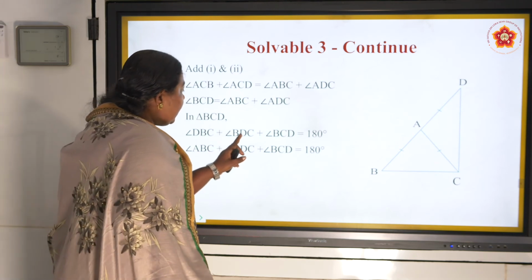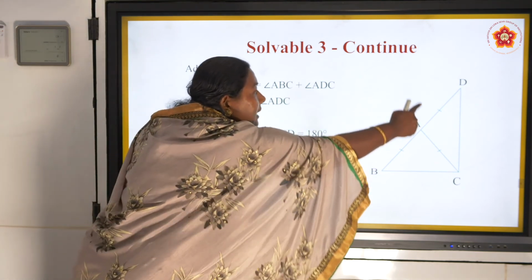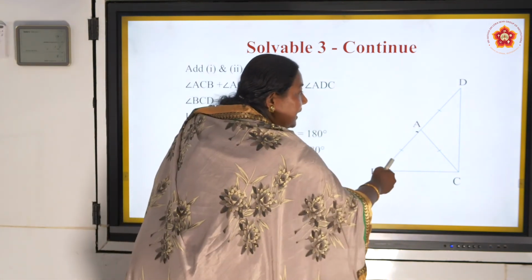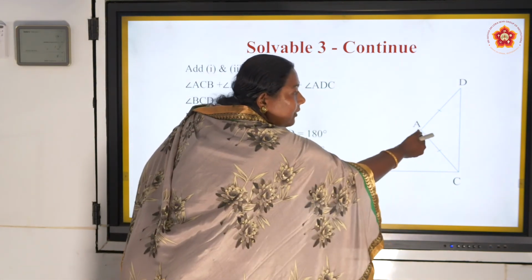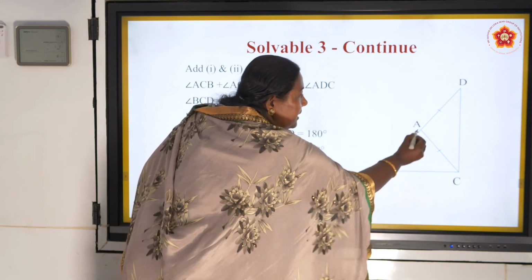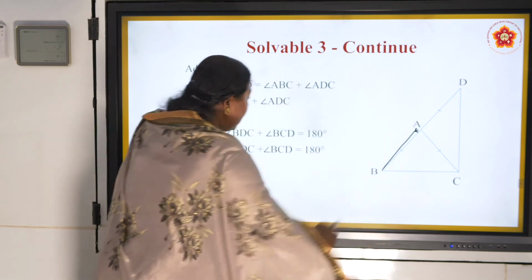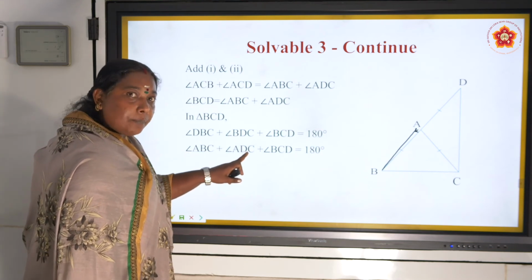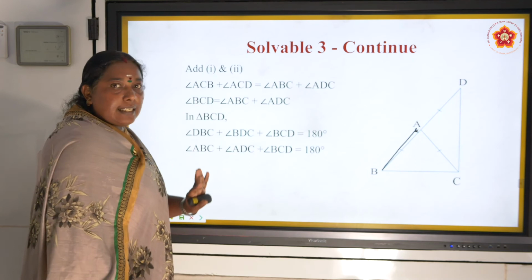Now BDC. Here B is the extended point from A, right? That is why I have written BDC as ADC. Okay, so BCD same as it is.